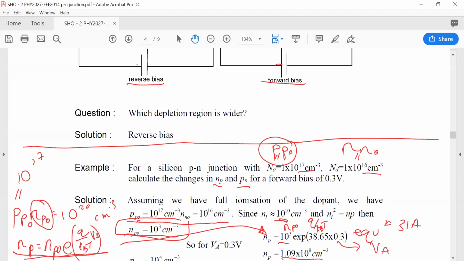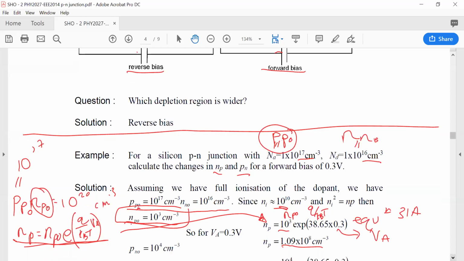We now do exactly the same thing for holes. Here we know that in the n-type region, there must be 10 to the 4 holes at equilibrium, because in the n-type region the number of electrons is 10 to the 16, and n times p is equal to 10 to the 20. So pn0 must be 10 to the 4.